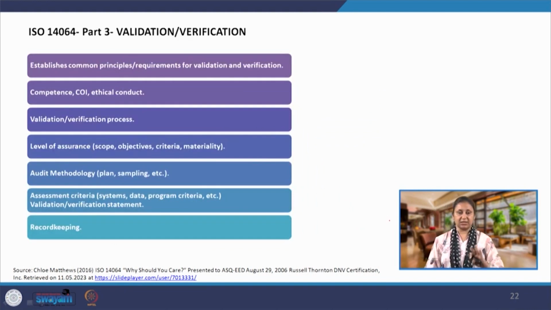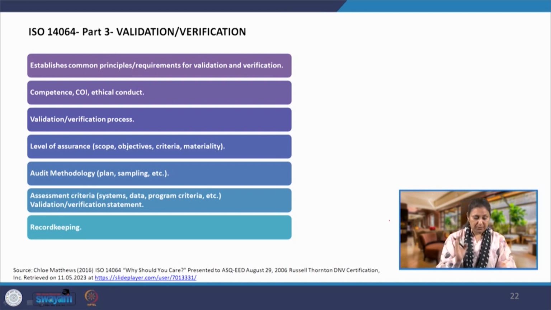Part 3, as I said, is about validation and verification, which is an important part. We have to establish the common principles, the ethical conduct, and then go about the validation and verification process. So, whether the third party has to come in. If you look at green buildings, how much energy has been reduced, the company is not authorized to say, it can only share the data, and some third party verifier will come into the picture and say that this much energy has been saved, or this much reduction has happened.